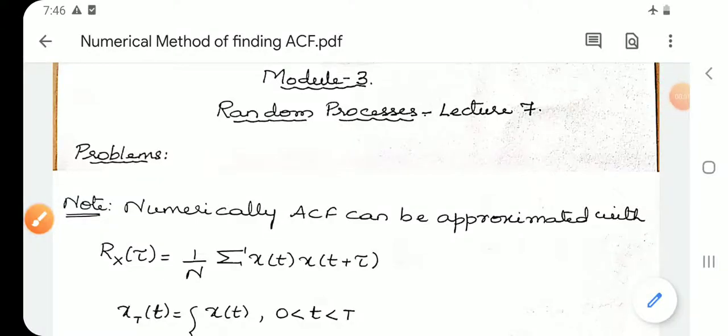Hello students, in this video let us learn how to find the autocorrelation function using the numerical method.